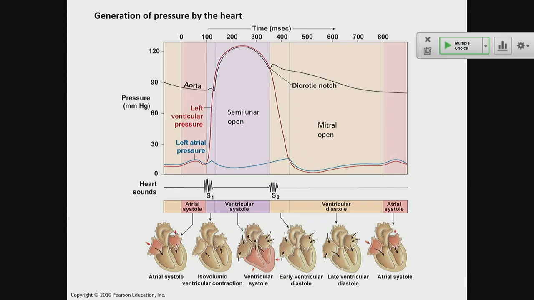So what happens when the pressure of the ventricle falls below the pressure of the aorta? Now the pressure in the aorta is higher than in the ventricle, which means you get a little bit of backflow. And that small amount of backflow pushes on the valve, and it closes the valve, okay?